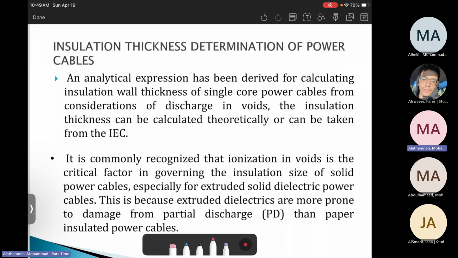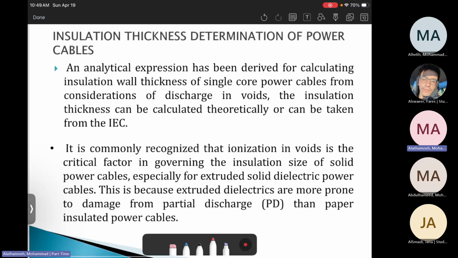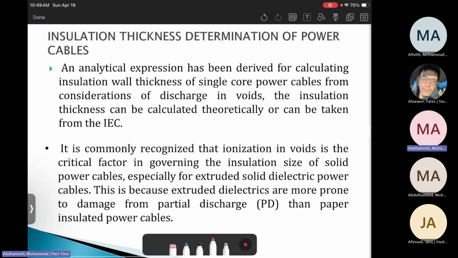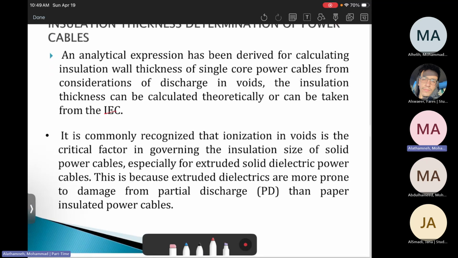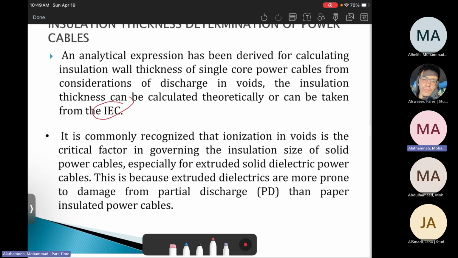Insulation thickness determination of power cables. For any analytical expression derived from the calculation, we need to follow the IEC standards. It is commonly recognized that ionization in voids is the critical factor in governing the insulation.